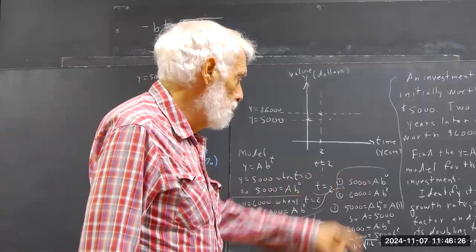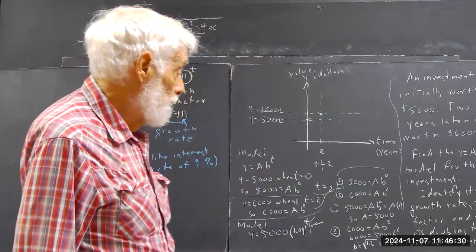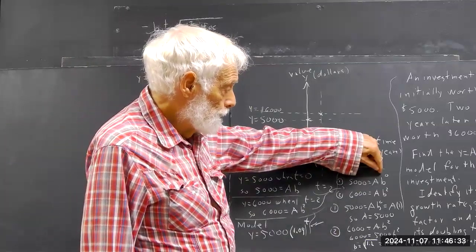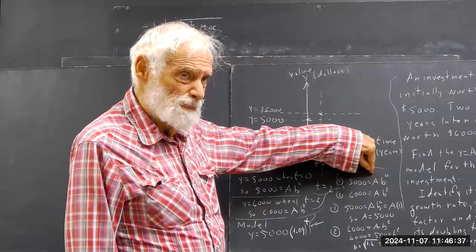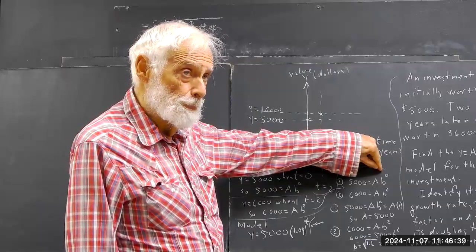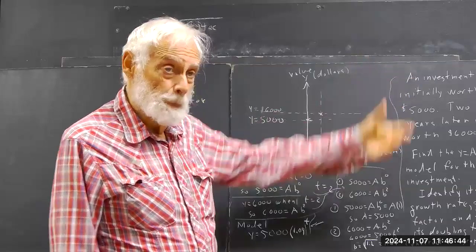We write down these two equations and we solve them. We'll generally solve the first equation for A or B, it doesn't matter. But usually we're going to solve for A because to solve for B, it's usually in a power and you'd have to do a reciprocal power.